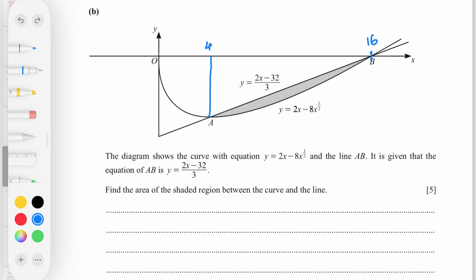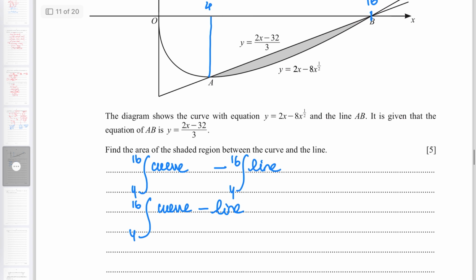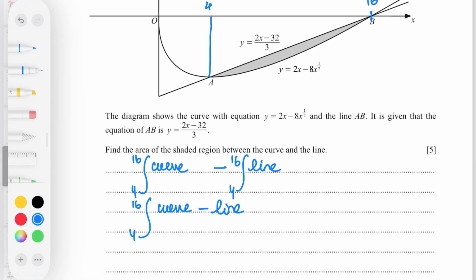So what I'm going to write is curve. The limits are 16, 4. The limits are also 16, 4. I can take the integral sign and the limits common out. Let's put it in. Another most important thing is this area is below the x-axis.